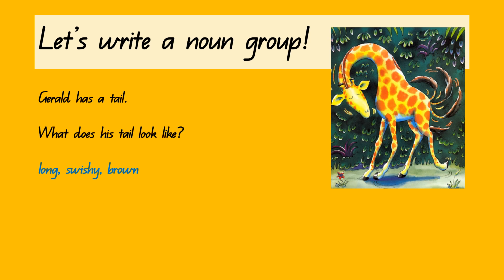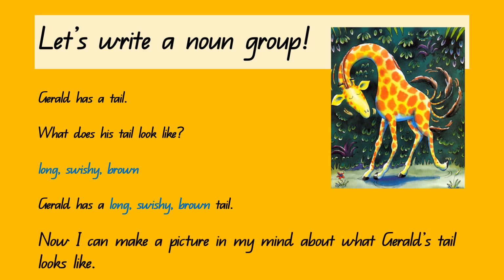So I've chosen the adjectives to describe what his tail looks like. Long, swishy, brown. Now my sentence says, Gerald has a long, swishy, brown tail. Now I can make a better picture in my mind about what Gerald's tail looks like.